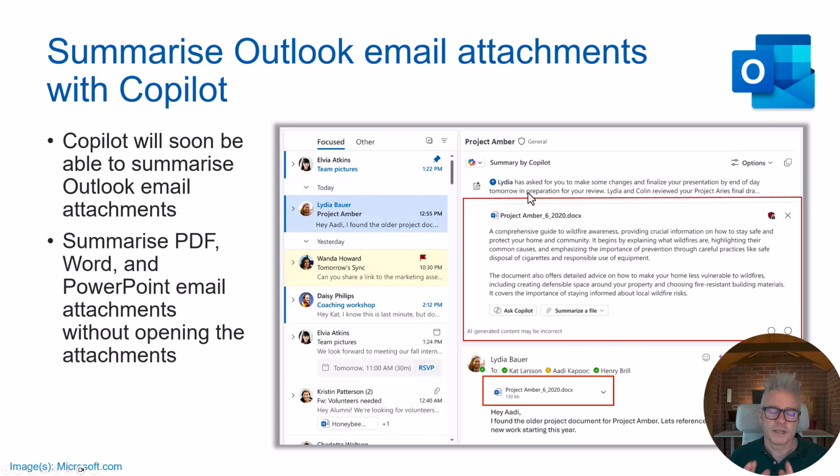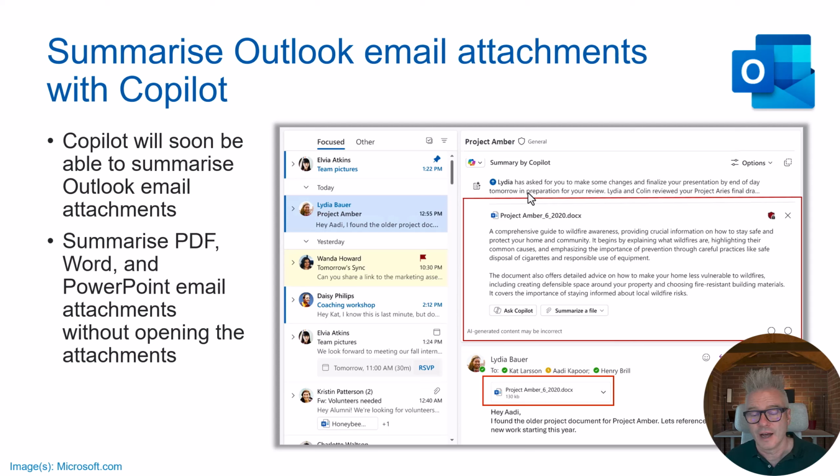What's great about this is that you don't have to open the attachments to get a summary. Copilot will look into the attachment and draw the summary out without you even having to look at it. So think about it from a time-saving point of view. You've received a lot of emails. You get a quick summary. That's great. You see it's got some attachments, and you ask it just to give you a summary of the attachments. I think it's brilliant.